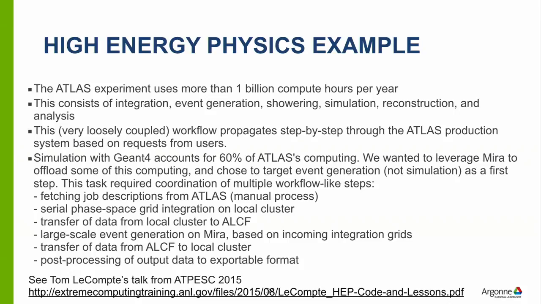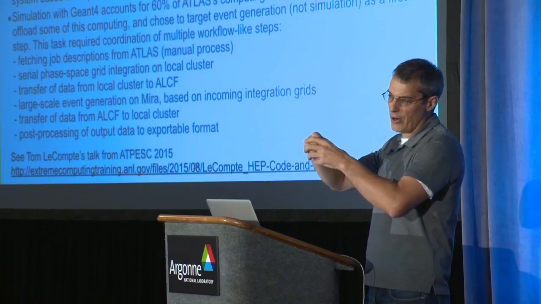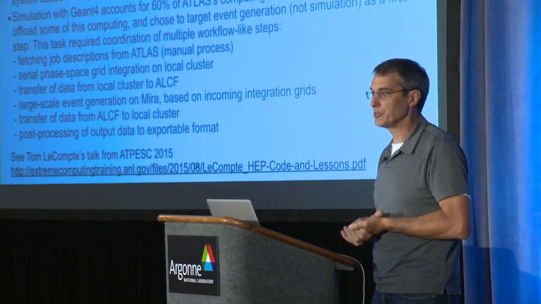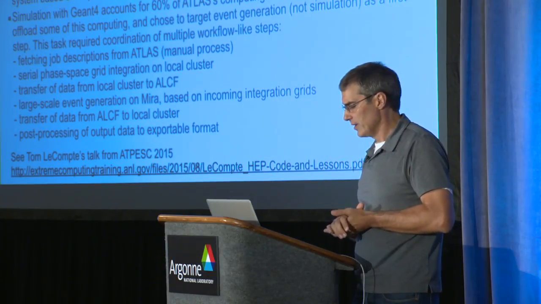So, as I said, all of these steps propagate through the ATLAS production computing system, through the LHC computing grid as individual jobs over time. And the simulation that I referred to is the particle propagation out to the detector, and that accounts for 60% of their computing load.